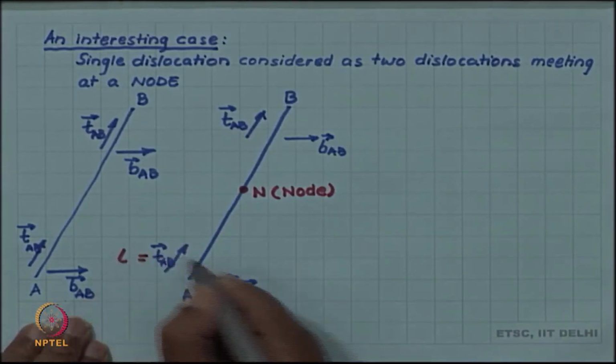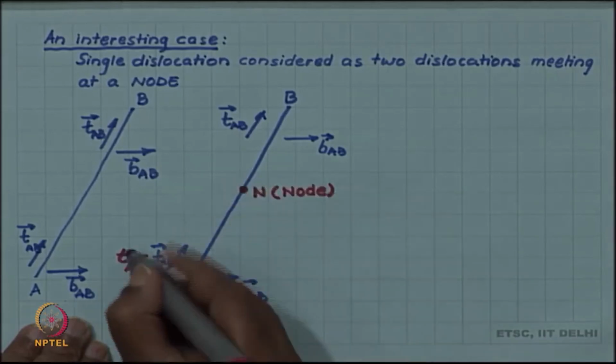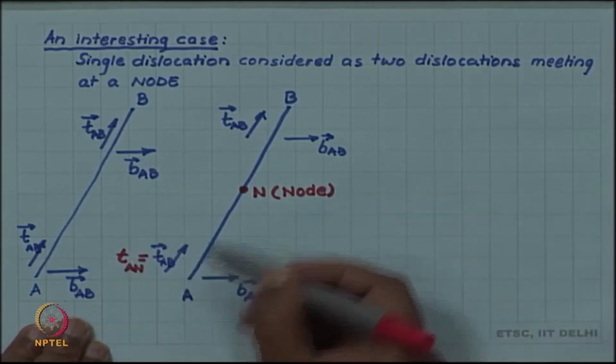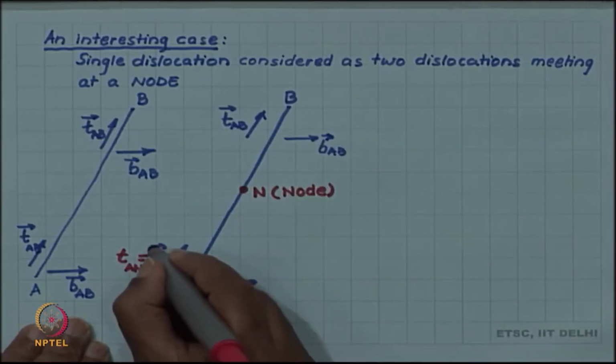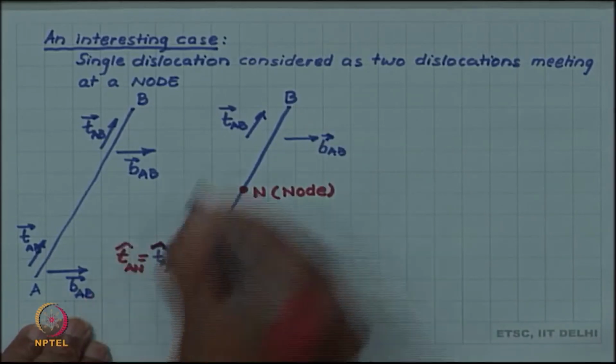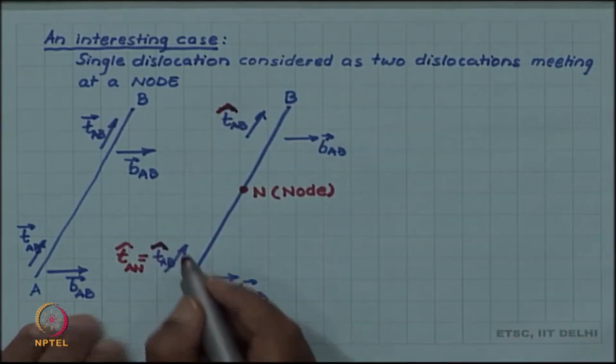If I keep the tangent vector for the AN dislocation, now we have two dislocations AN and BN meeting at the node N, and this is a unit vector, so I am putting a caret.